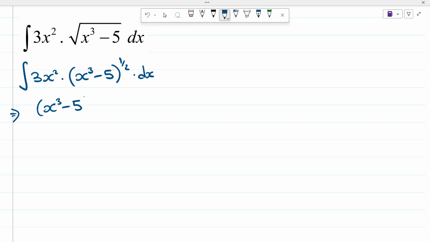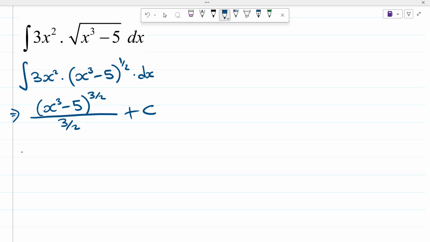x cubed minus 5 to the power 1 over 2 plus 1, which is going to be 3 over 2, divided by 3 over 2 plus c. So this becomes your answer.